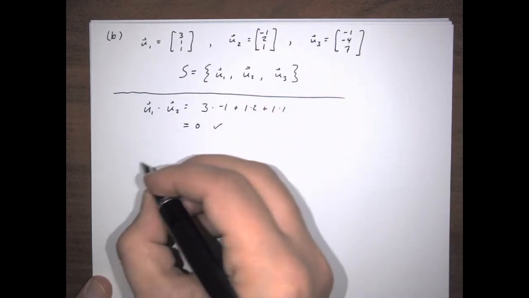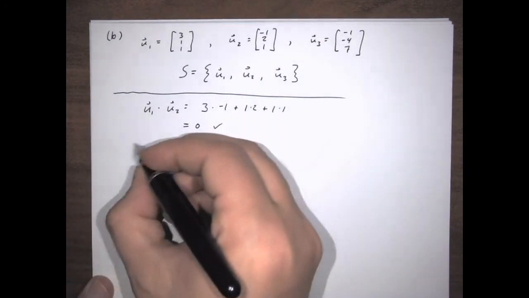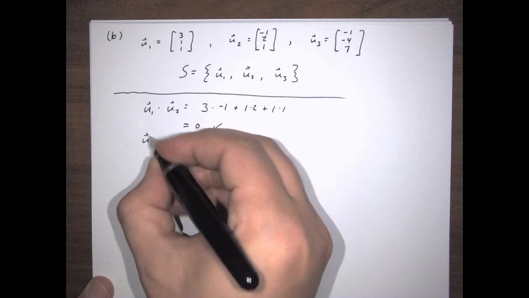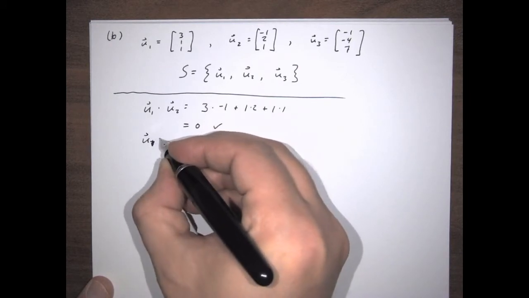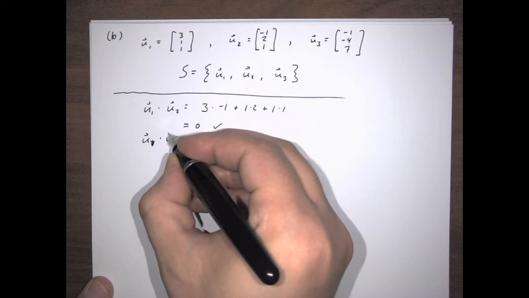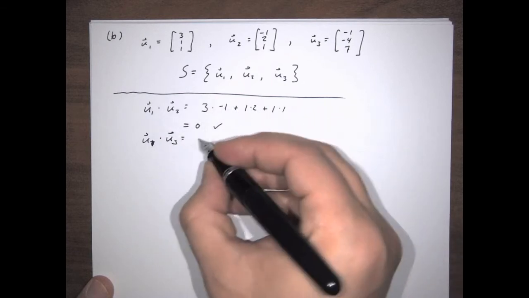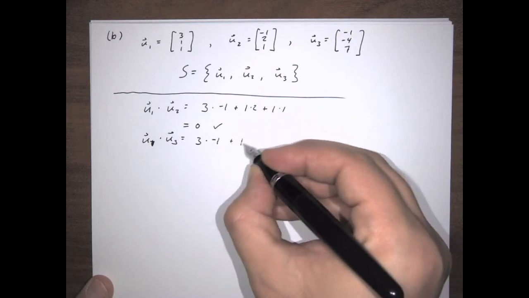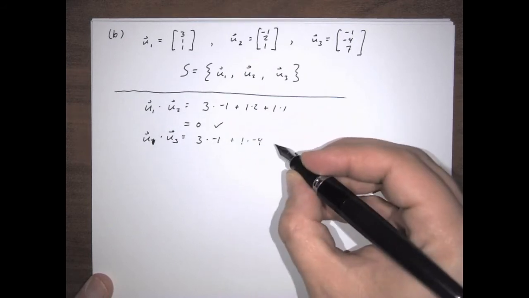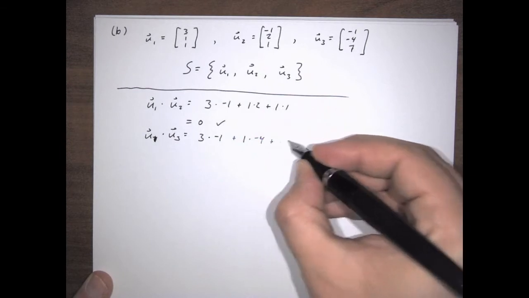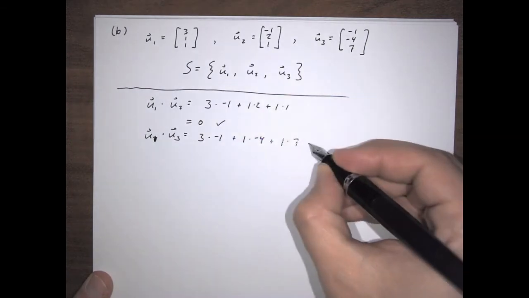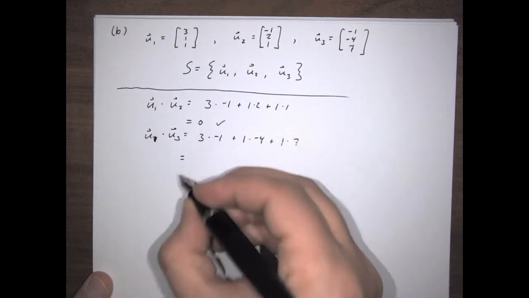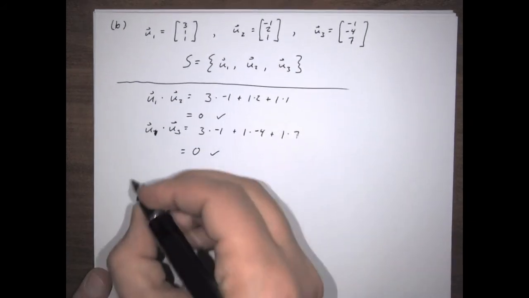Check. How about U1 dot U3? This one we don't know, because last time it was okay, but we just changed our U3, so maybe it won't work anymore. Let's find out. We'll have 3 times -1 plus 1 times -4 plus 1 times 7. That's going to be -3, make that -7, plus 7 adds up to 0. Check.